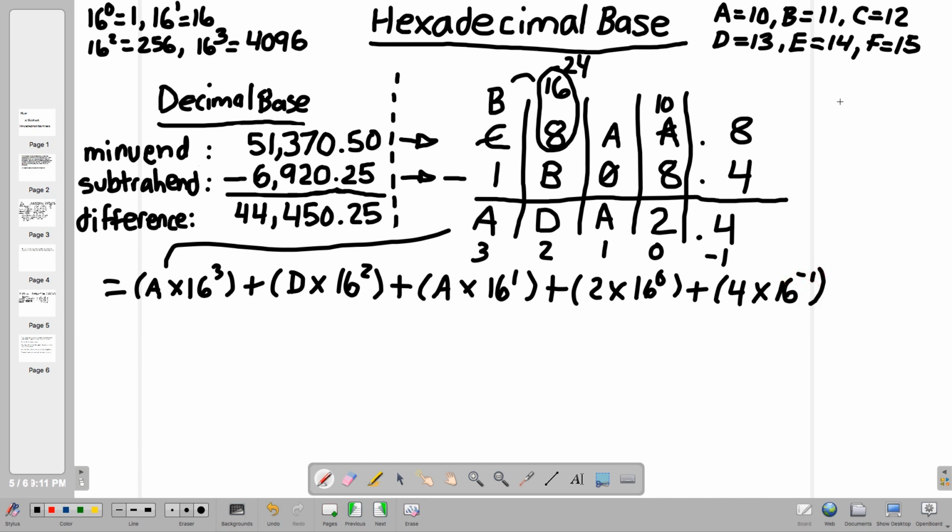All right, so let's go ahead and break it down further. We say the letter A is represented with the value 10, so this is the same as saying 10 times 16 to the third power. We indicated that up here is the same as the value 4,096. So we'll put that here.